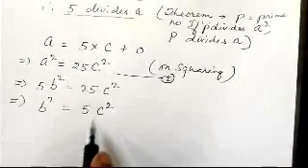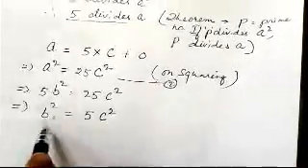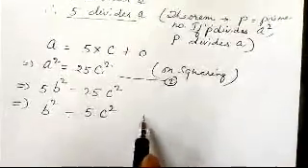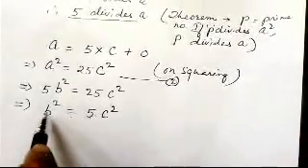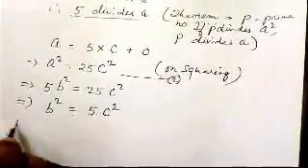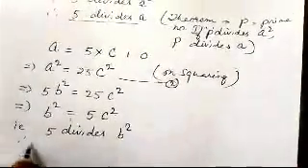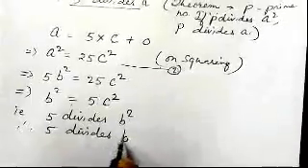That means once again you can say that B square is equal to 5 multiplied by C square. That means remainder 0. That means 5 divides B square. Therefore you can say 5 divides B.